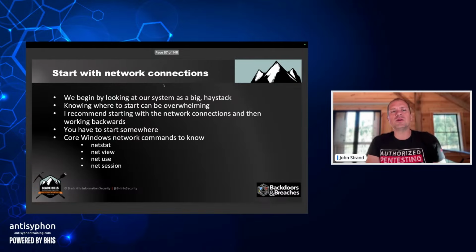All right, so we start with network connections. When we're looking at network connections, there are a lot of commands that answer the question of what this computer is talking to, or what is talking with it. But there are different commands that answer these questions in very specific ways. We can use the netstat command. netstat -naob is the one we're going to see here in a little bit.